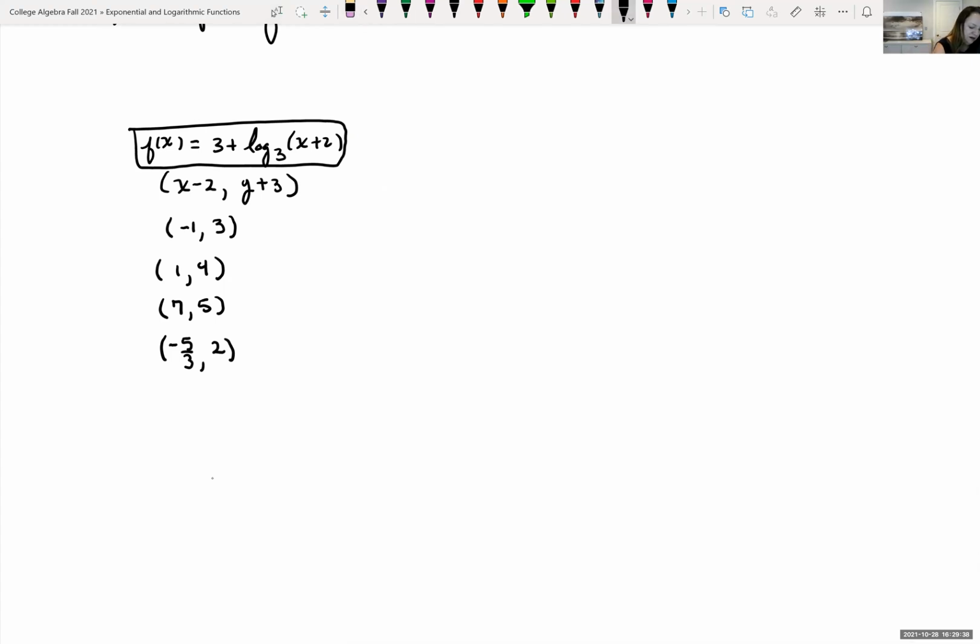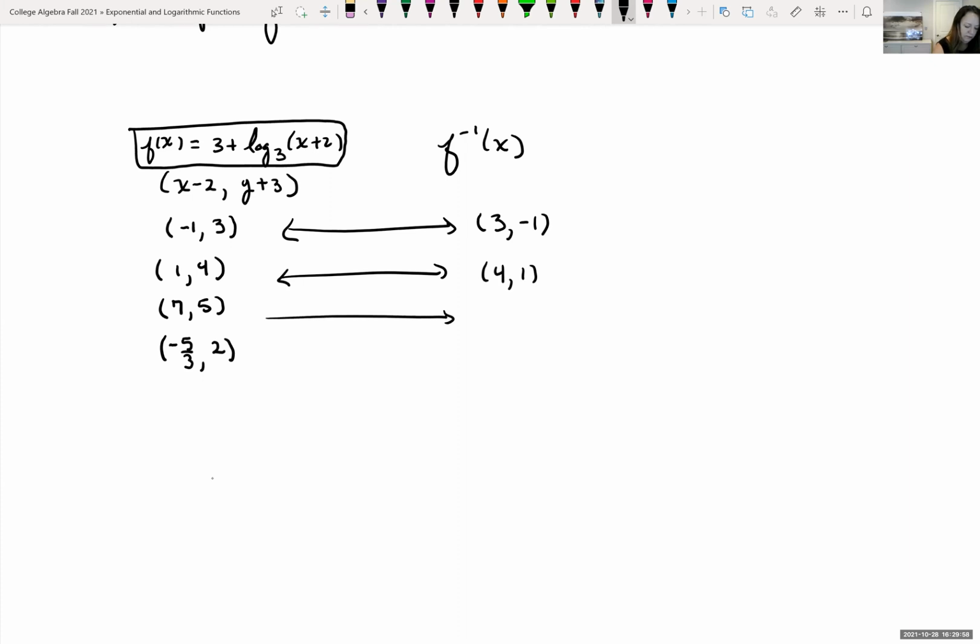Okay, so now we know that for f inverse of x, the point that was on the original, -1, 3, is now 3, -1. My point on the original 1, 4 on my inverse function is 4, 1. 7, 5 becomes 5, 7. And -5/3, 2 becomes 2, -5/3.